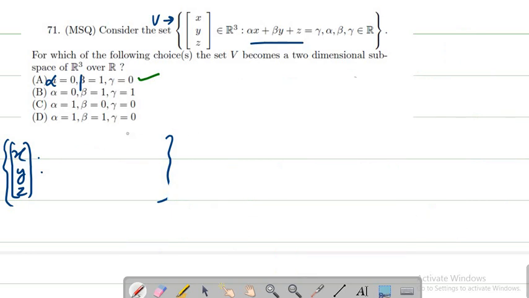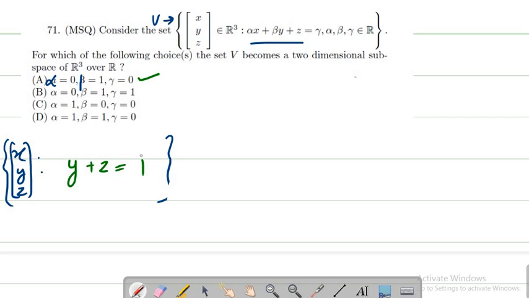Now coming to the next option, if you give alpha as 0, beta as 1, and gamma as 1, you get the set of all x, y, z such that beta is 1, so y plus z is equal to gamma, which is 1.